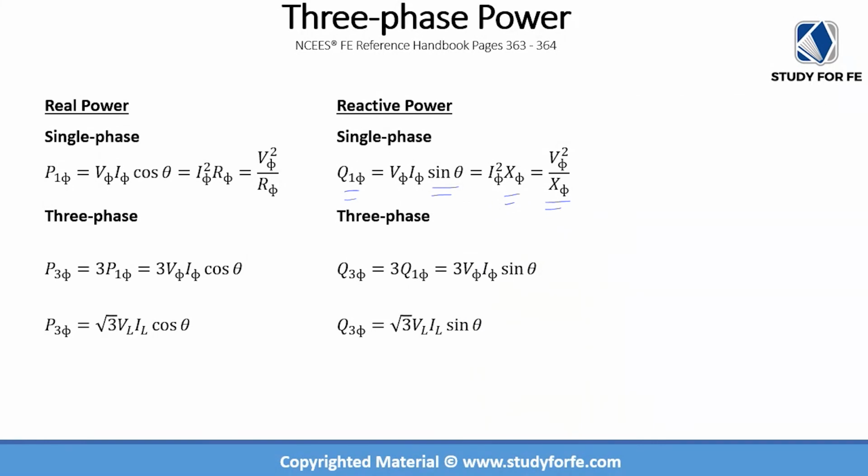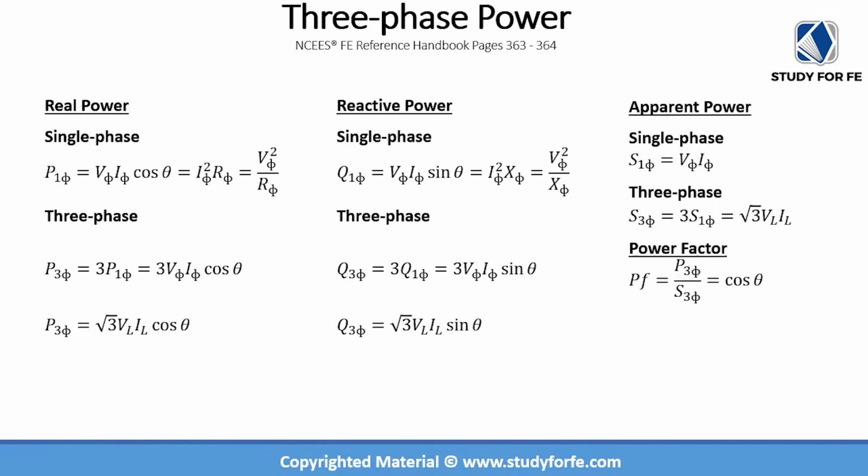Same thing for three-phase reactive power: it is 3 times single-phase reactive power, which is 3 times V phase I phase times sine theta. In terms of line voltage and line current, it becomes square root 3 times V line-to-line I line sine theta, and this is applicable to both delta as well as Y networks.